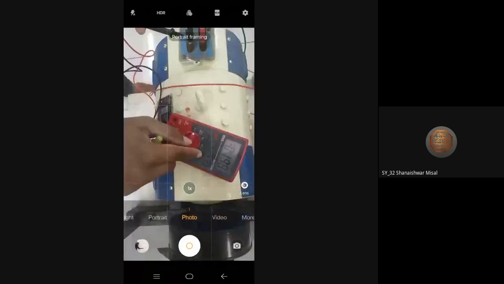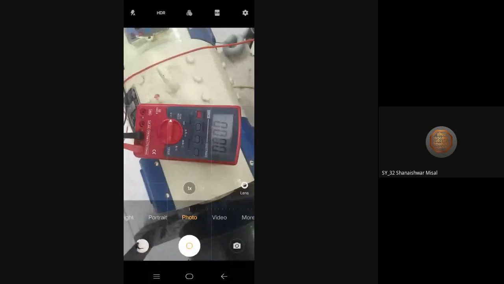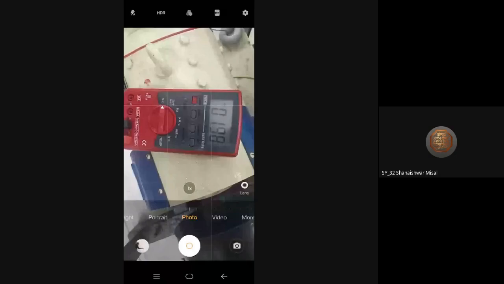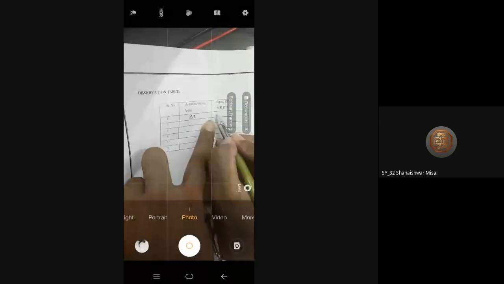Here you can see the voltage is 198. Now we will measure the speed. My speed is around 1450. So we will take the reading: 198 is my voltage and speed is 1450.